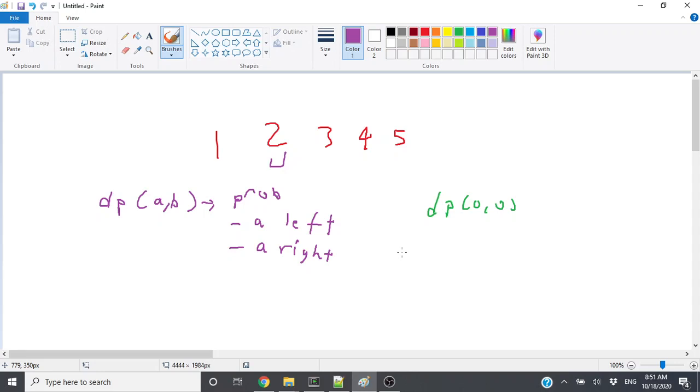The question is, when does that happen? For DP of A and B, we have A plus B plus 1 numbers. For example, say we have 1 on the left and 3 on the right, so we have 5 numbers because we include this one. Then what's the probability that last turn we made this merge?